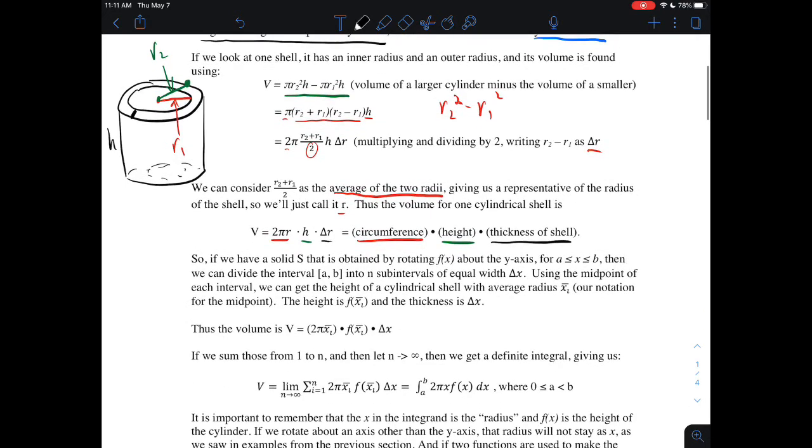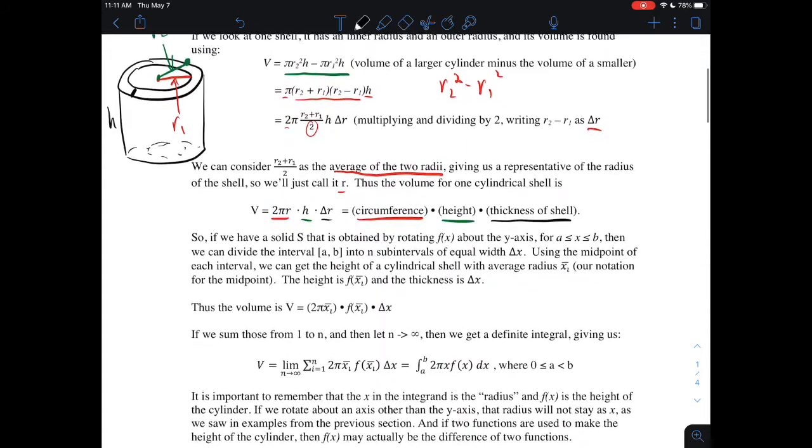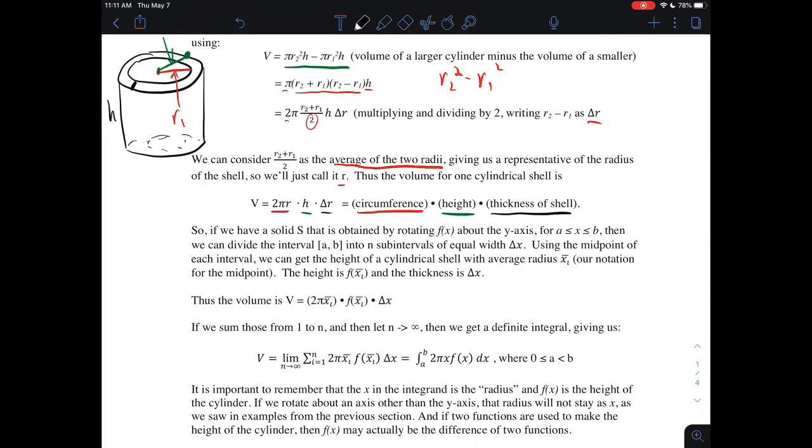So if we have a solid capital S that is obtained by rotating f of x about the y-axis, like we have up here, for a less than or equal to x less than or equal to b, then we can divide the interval from a to b into n subintervals of equal width delta x. Using the midpoint of each interval, we can get the height of a cylindrical shell with average radius x sub i bar.